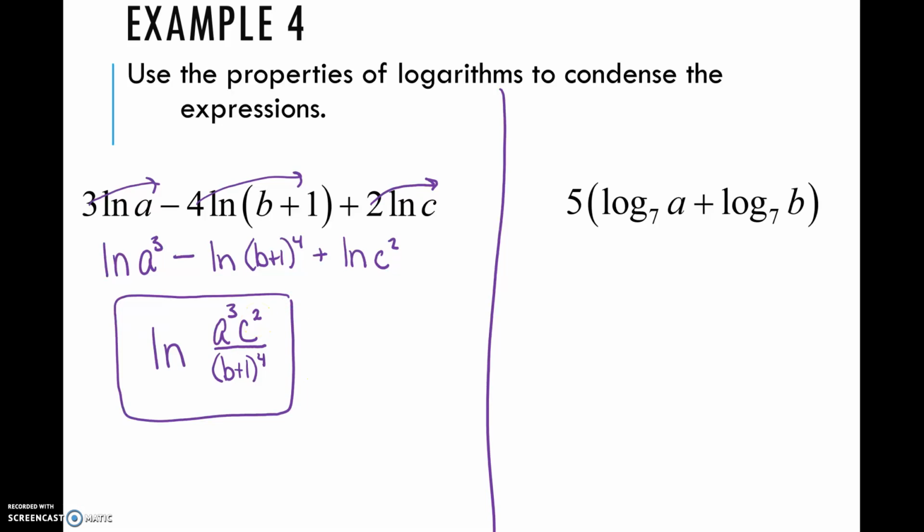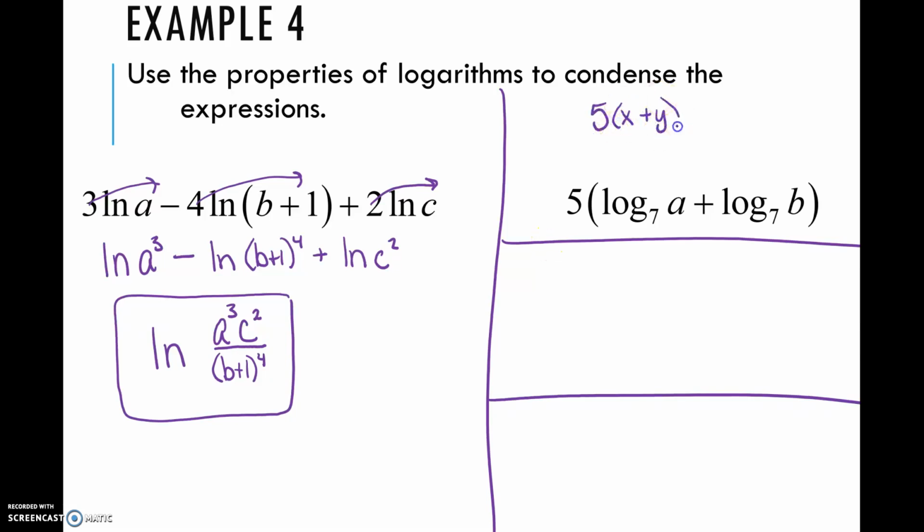Okay, there are 2 ways to do this next one. So I'm going to split this into 2 chunks. The first way, if we had 5 times x plus y, what would we do with that 5? We would distribute, and this would become 5x plus 5y. So that's the first way to do this. We can do 5 times the log base 7 of a plus 5 times the log base 7 of b.